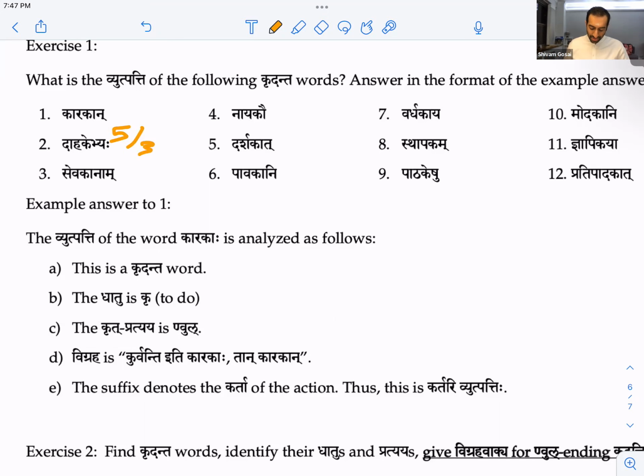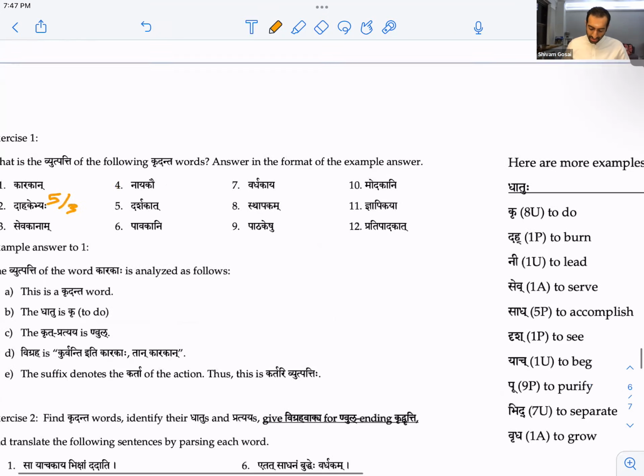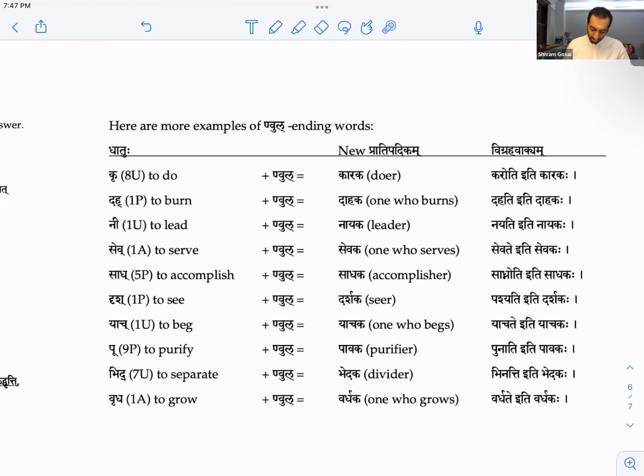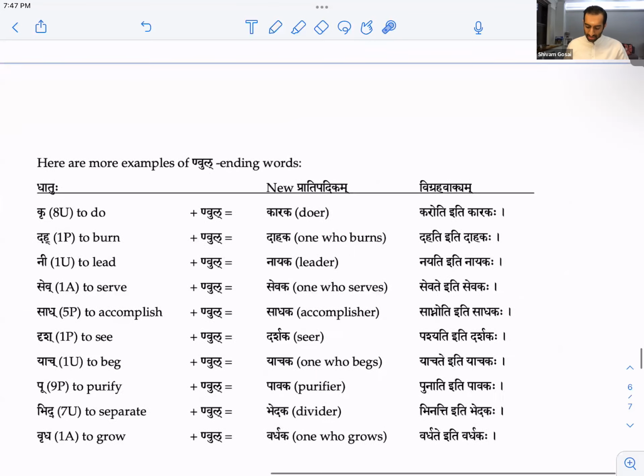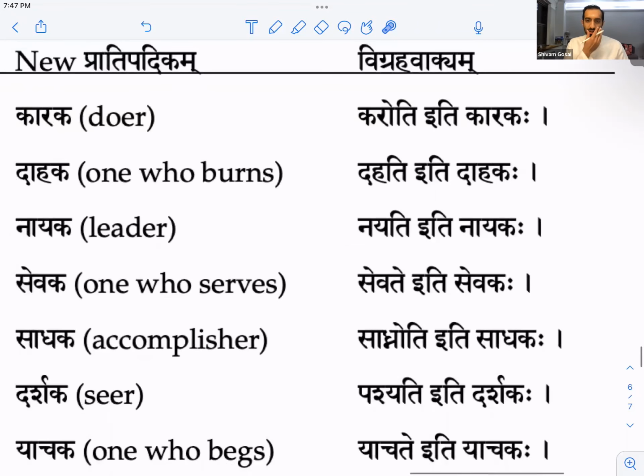So first, dhatu, 1p, to burn, dah. So dahati iti dahakaha. If we just conjugate it, dahati, right? So this is how we're going to start.